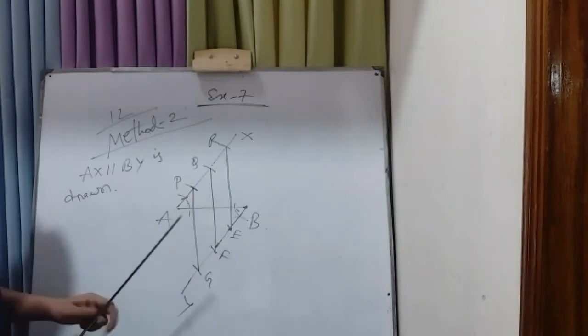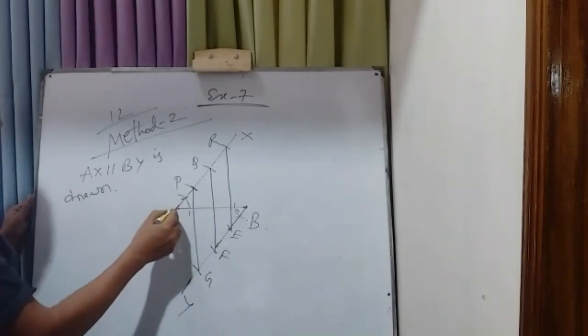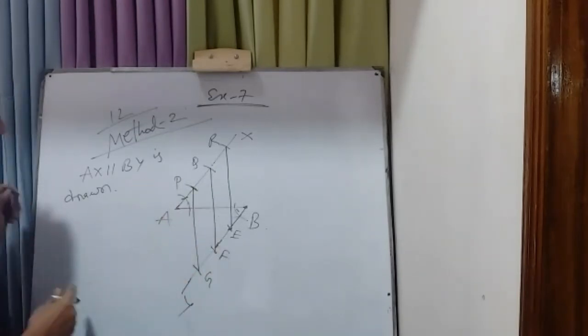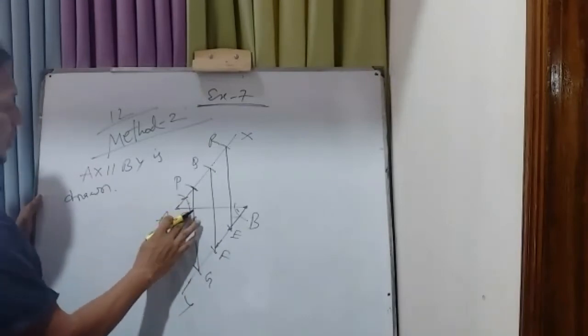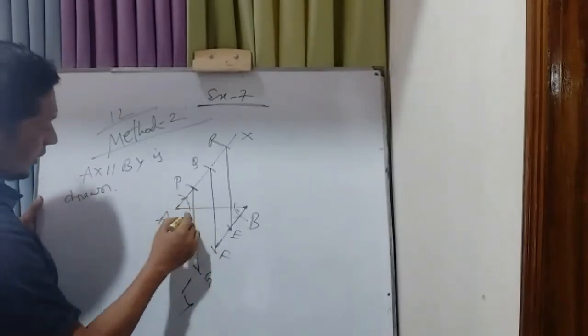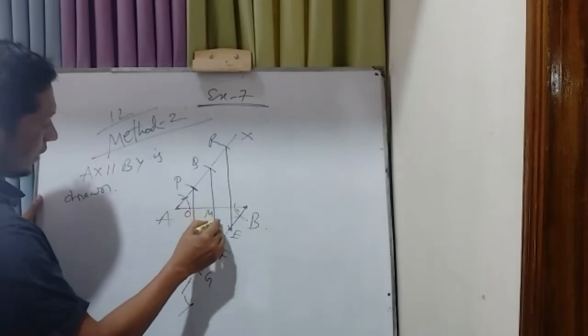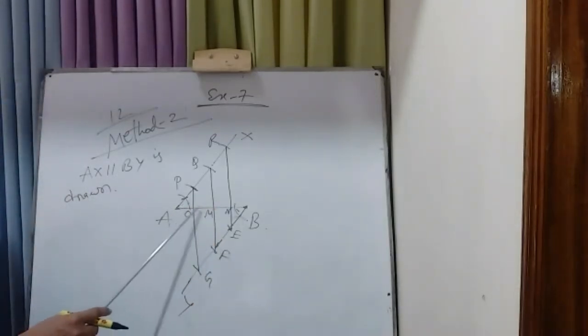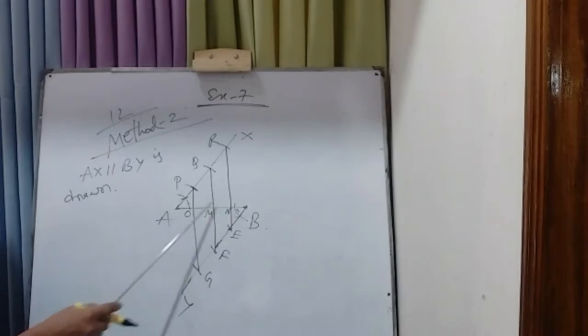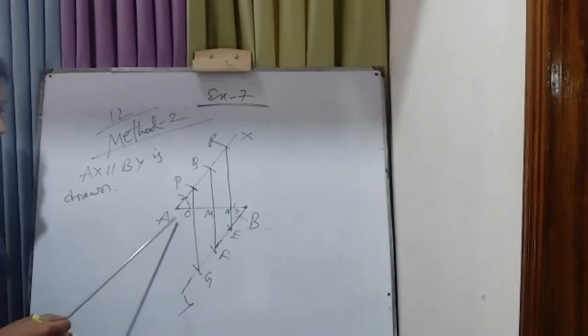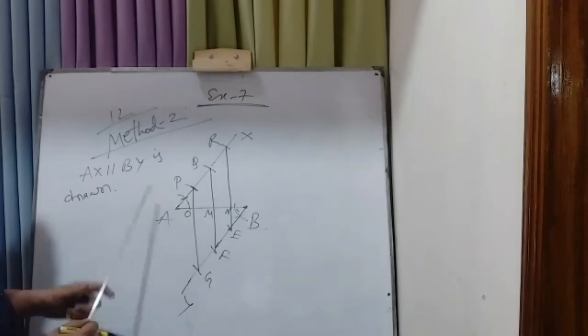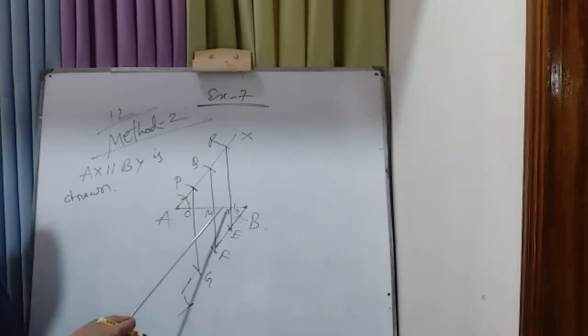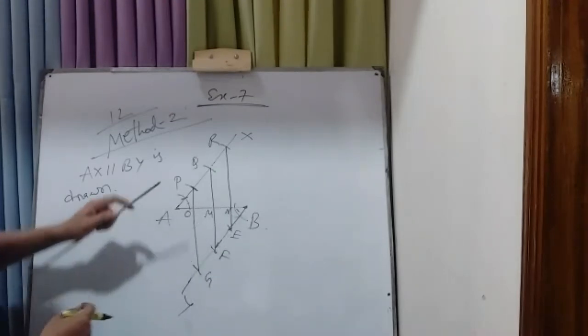The line segment AB has been divided into 4 parts, and the 4 parts must be equal. Let us name them. Suppose these are O, M, N. So the points O, M, N will be the division points of the line AB, because AO, OM, MN, and NB will give the same length.